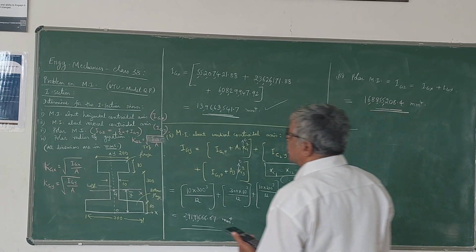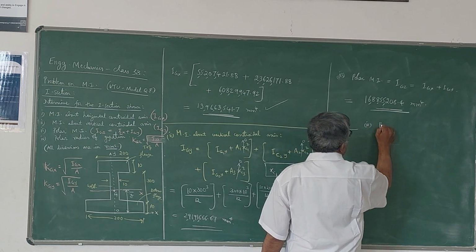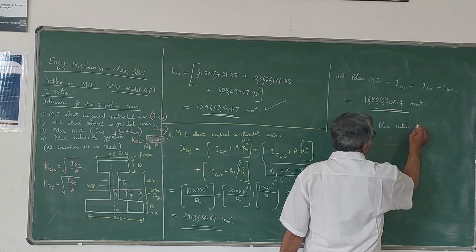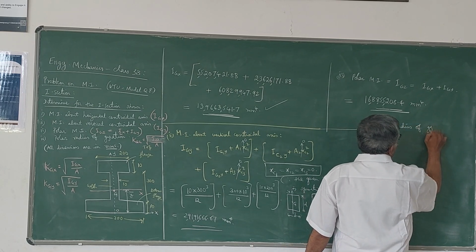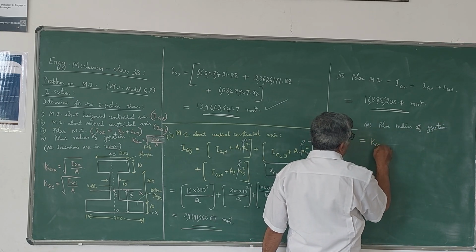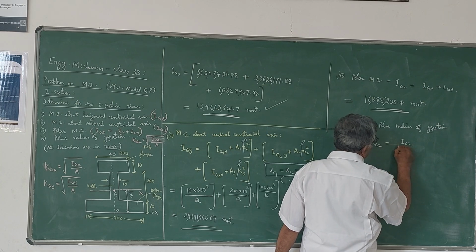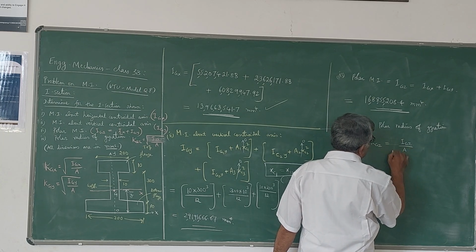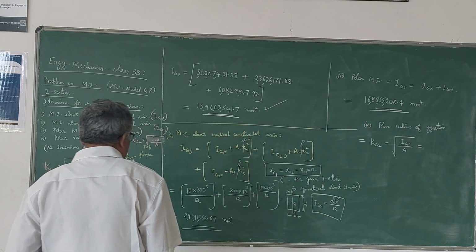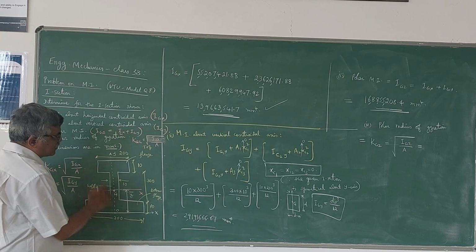Now the fourth thing he has asked is the polar radius of gyration. The polar radius of gyration kgz, according to the definition, is root of Igz by A, where A is the total area of that I section, which is sigma A, 3000 plus 3000 plus 2000, that is 8000.